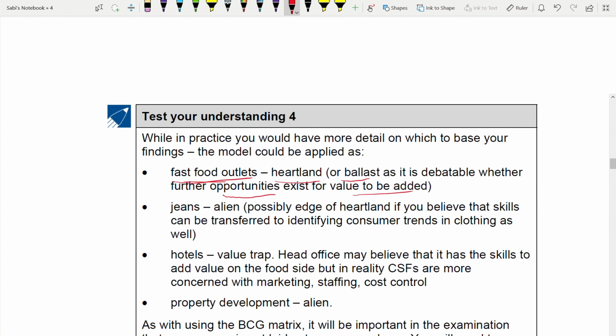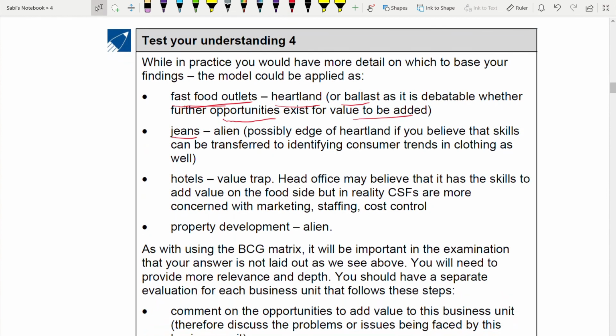Coming to the jeans and property development, these two are Alien. Why is jeans Alien? Because they're in the restaurant, they cannot add value, neither do they have any opportunity to add value for the jeans. Or possibly they could be at the edge of the Heartland if you believe that skills can be transferred.